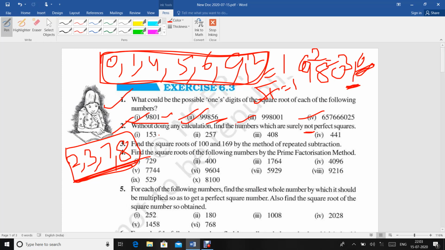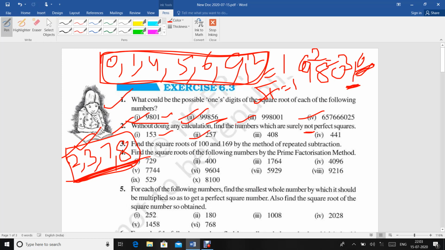So for the first part, here is 153. In this number the unit digit is 3, so it is not a perfect square, because these four digits never appear at the unit place of a perfect square. The numbers that end with these digits 2, 3, 7, 8 can never be perfect squares.